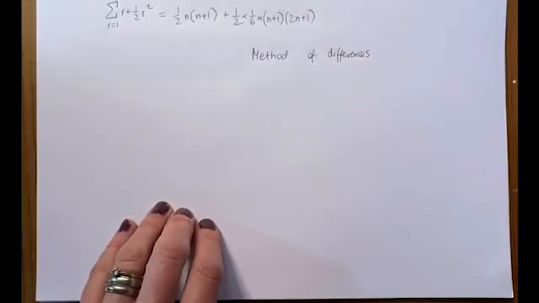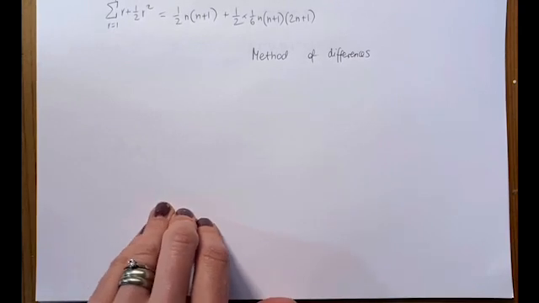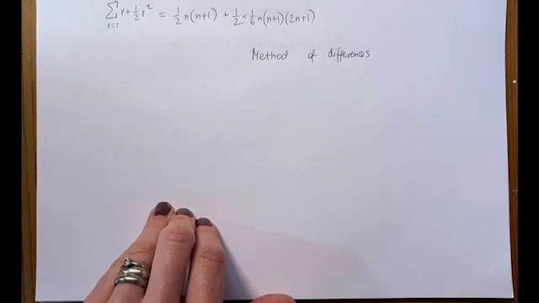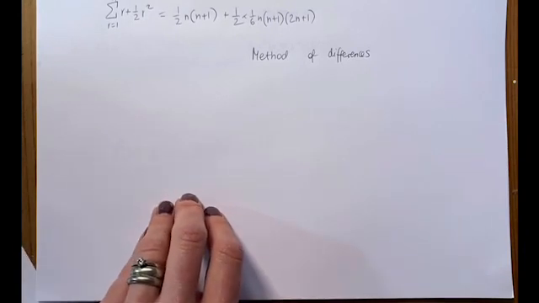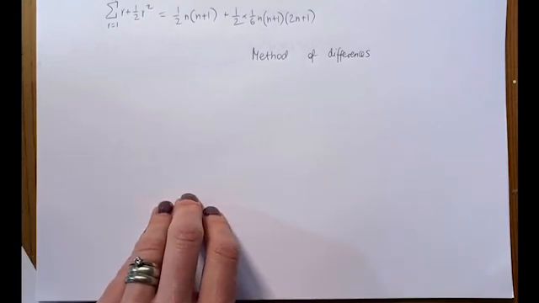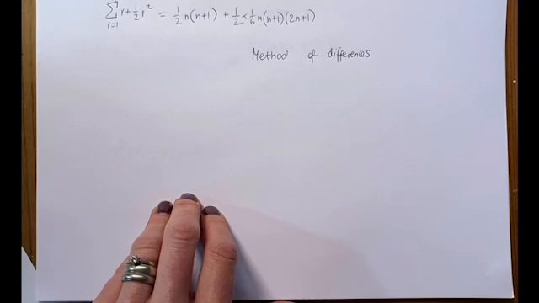Okay, the method of differences involves applying a trick which involves expressing the sum that we are dealing with in a way that allows lots of terms to be systematically cancelled, and you'll get a nice simplified expression.